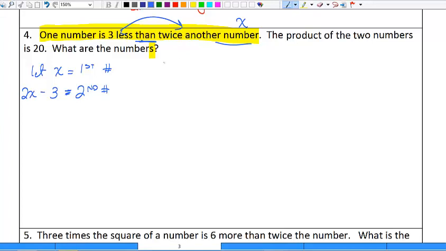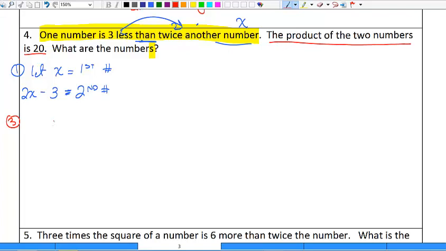So twice this x, 2 times x, less 3 is the first number. Okay, that was step 1. Step 2 says if you have a picture you can draw it, still no picture. Step 3 says write the equation. Well, we've already basically used up everything from that first sentence. So I'm going to keep reading from the second sentence on and see if I can write an equation.